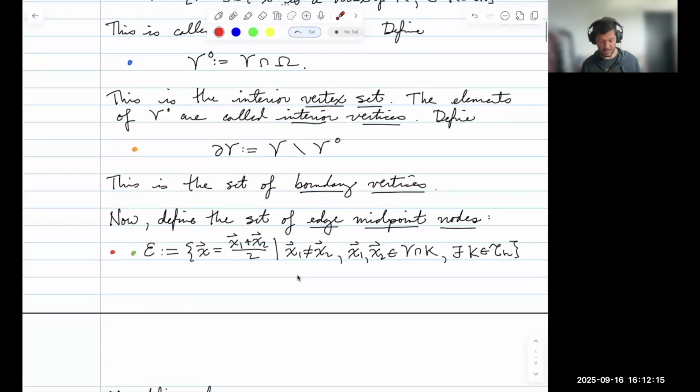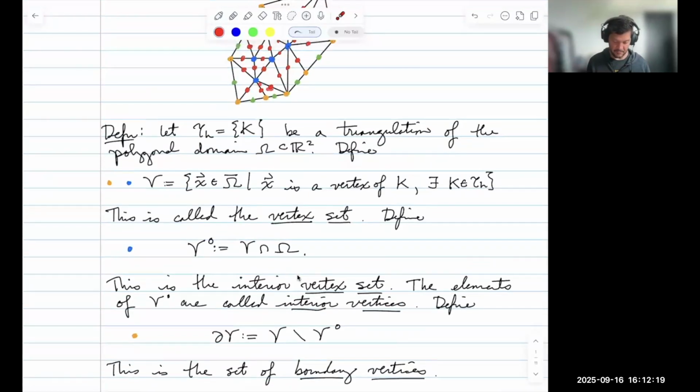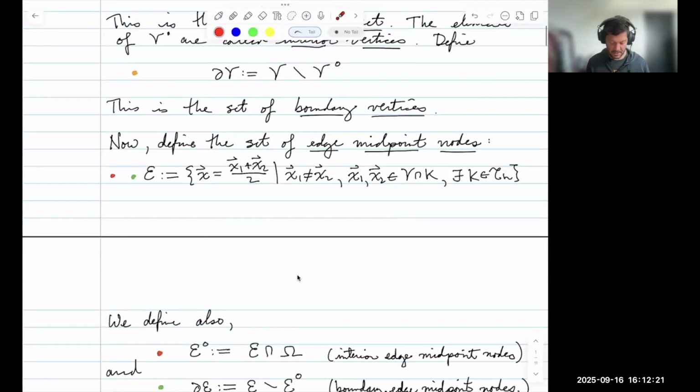So let's see if I've got my definition correct for these red points. I'm trying to define these points here. They should be the set of all x which are equal to this average. X1 and X2 are not equal to each other, but they're points that are in the vertex set, and they're in a triangle for some triangle.